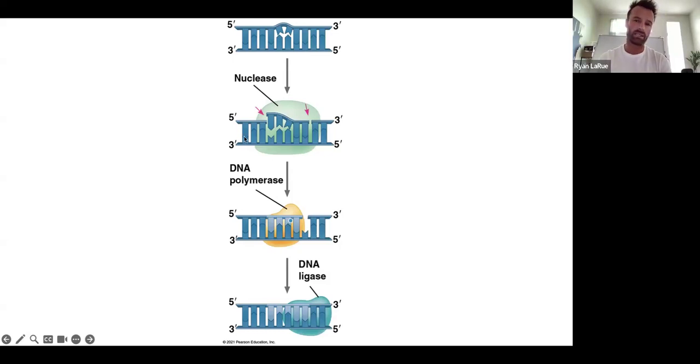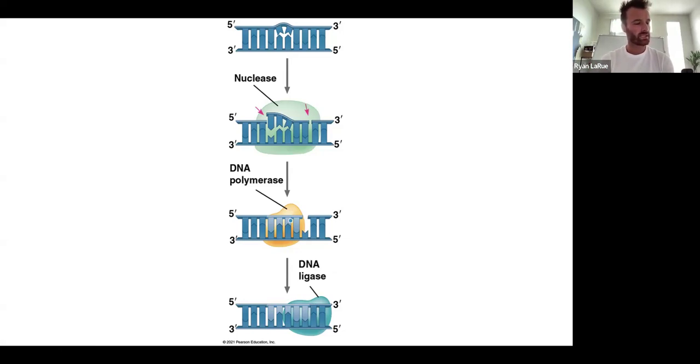And so this nuclease enzyme will come in and cut the strand of DNA at that location. DNA polymerase will then come in and fill in with the proper complementary nucleotides. And last, DNA ligase will connect the final nucleotide here to the undamaged one, just by forming a bond between the two, ligating it and sealing it off, I guess.